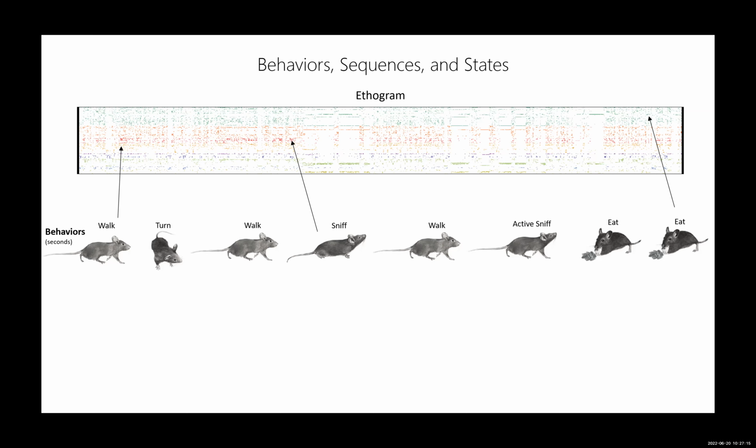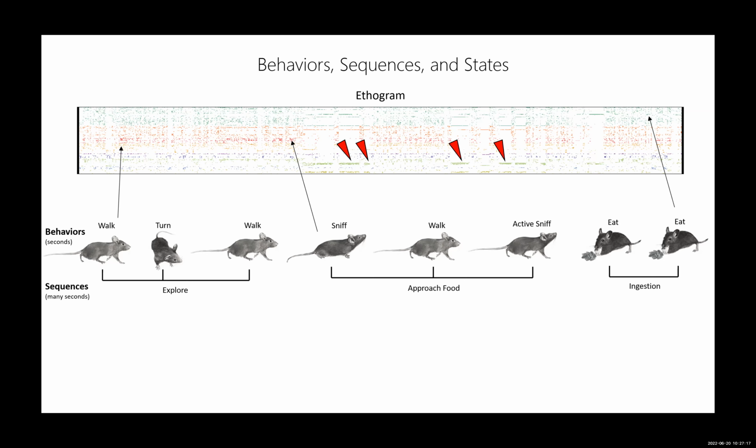What we also notice, though, is that there seem to be repeated longer timescale patterns of behavioral expression. It's not just individual behaviors being independent from one another over time. There are periods of time in which the animal chains together a certain set of behaviors pretty consistently. You might put a walk, turn, walk set of behaviors together, always as a little triplet, and that might be what we'll call an explore sequence.